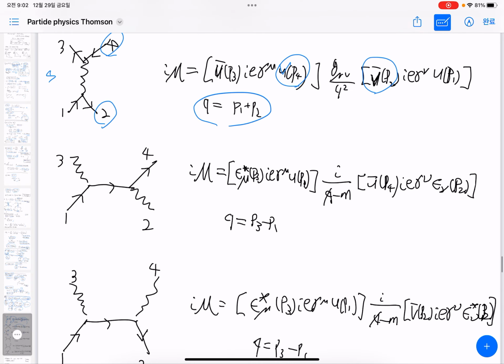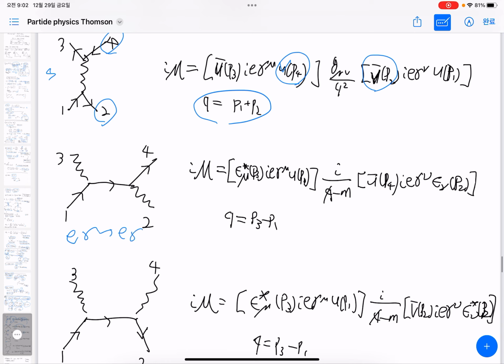And this is something like e gamma scattering with a fermion propagator located here, with the incoming photon p2 and the outgoing photon here. Remember that all the indices are contracted, so the amplitude is a Lorentz invariant scalar, with the epsilon mu here, the vertex, and also the vertex and the external photon.